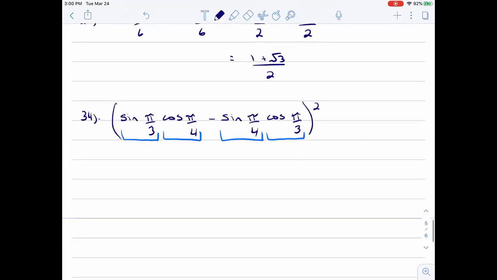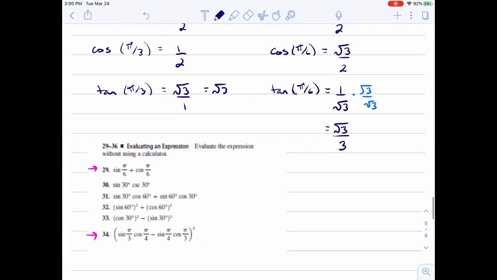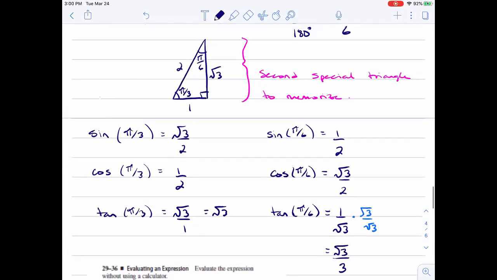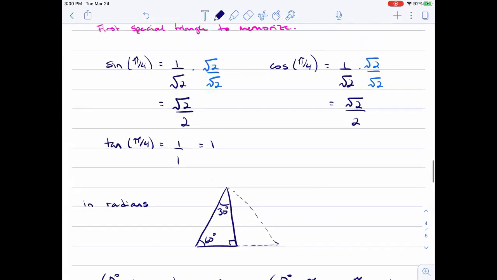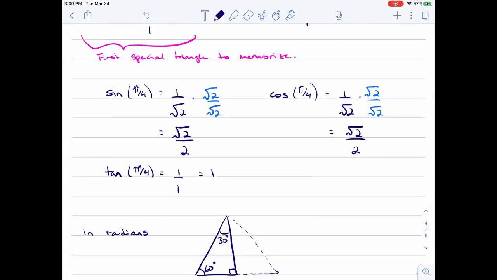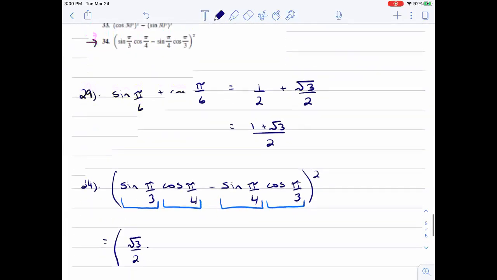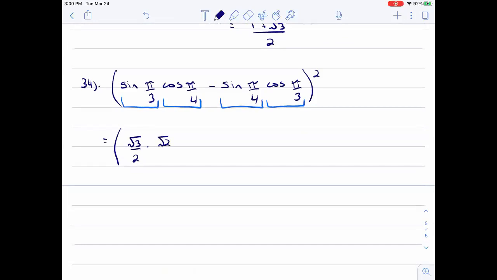So let's start there. So we've got root 3 over 2 times the cosine of pi over 4. The cosine of pi over 4 is root 2 over 2. Minus the sine of pi over 4.